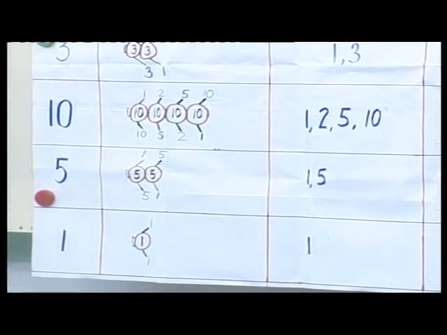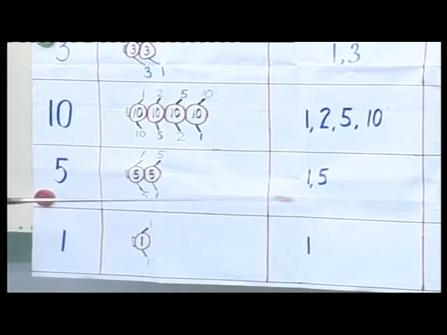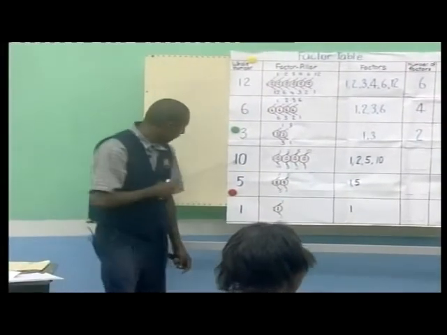So students, now we have identified all the factors of the three whole numbers, 10, 5, and 1. The factors of 10 are 1, 2, 5, and 10; the factors of 5 are 1 and 5; and the factor of 1 is only 1.